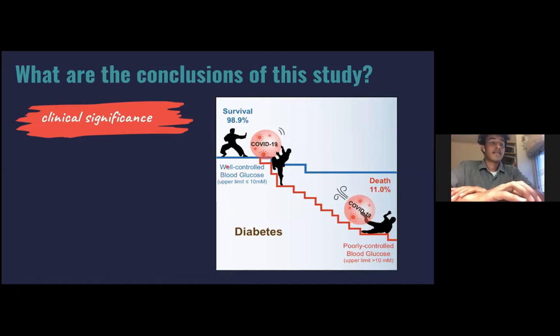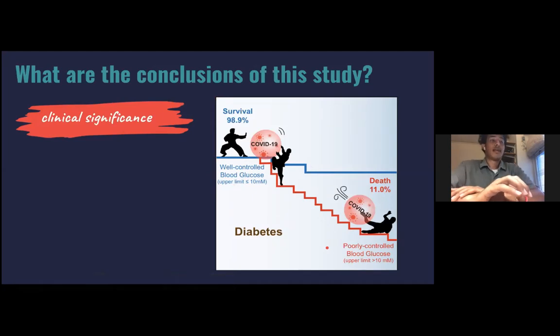It depicts the previous graph in a cartoonish way. So the blue line is the survival rates for the well-controlled blood glucose cohort group. And then the red line represents the survival outcomes for the poorly controlled blood glucose patients.